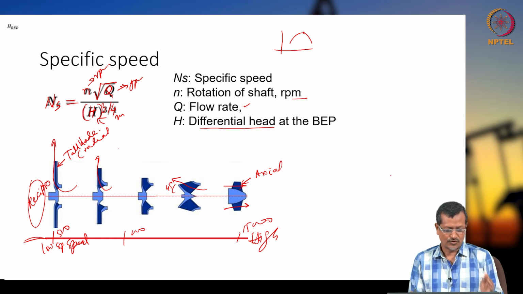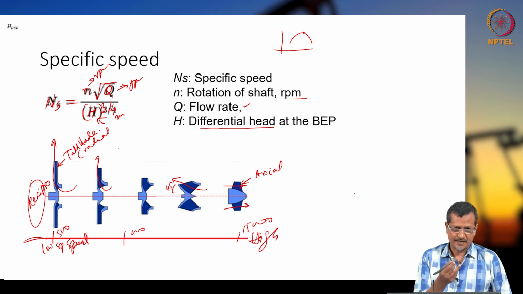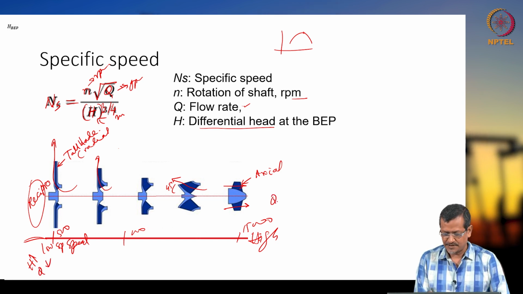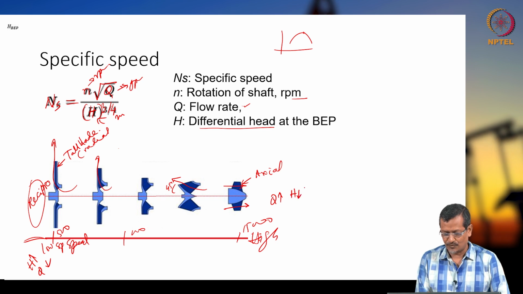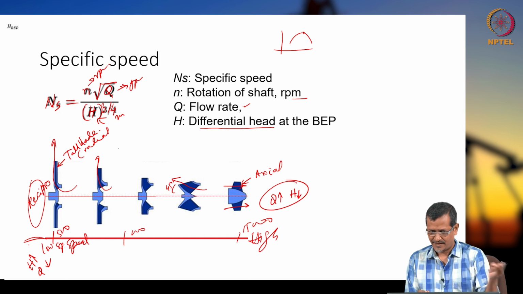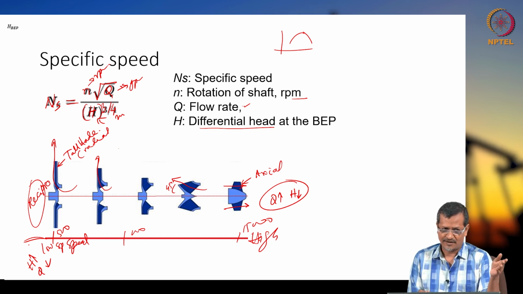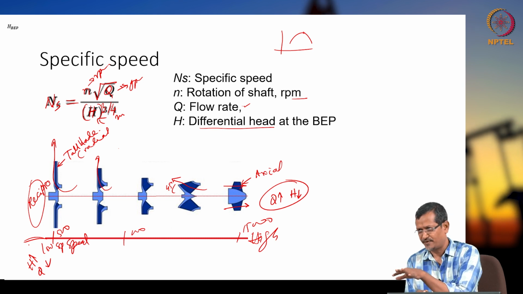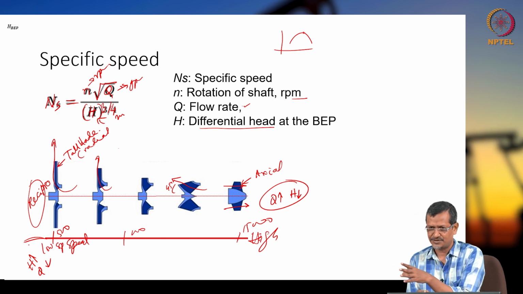Fine. Low specific speed means high head and low flow rate. High specific speed means high flow rate and low head. So you should remember: a low specific speed pump is the reciprocating type or tall radial blade pump, and a high specific speed pump is an axial flow pump or axial flow machine, maybe a turbine also.